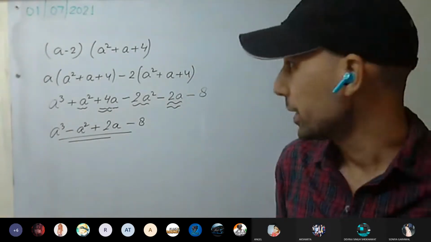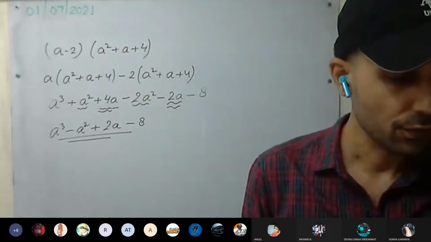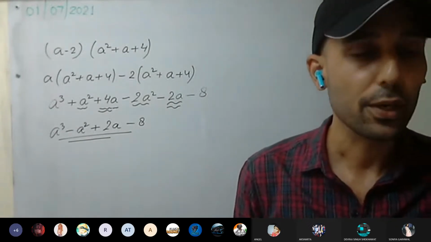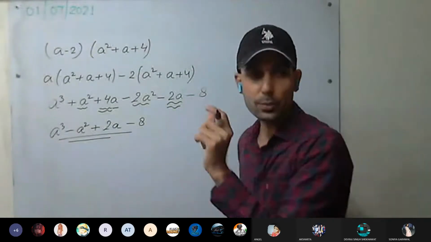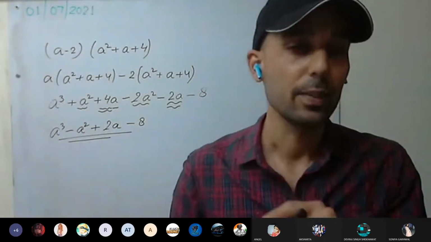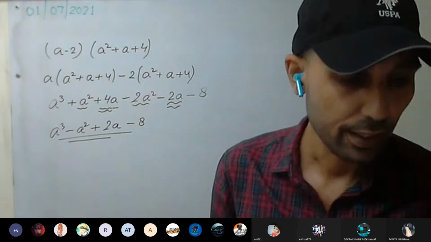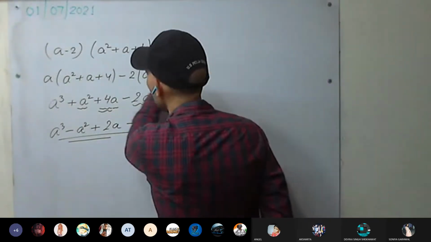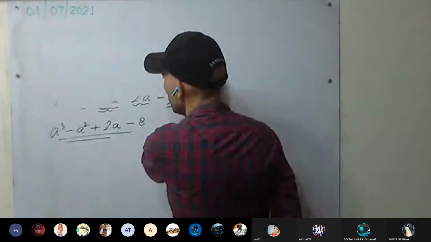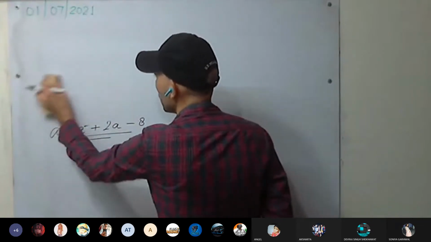Those who have completed the third, start doing the fourth. Here the product of three expressions is there. So first multiply two expressions, then multiply it with the third expression. Start doing it in your notebook.